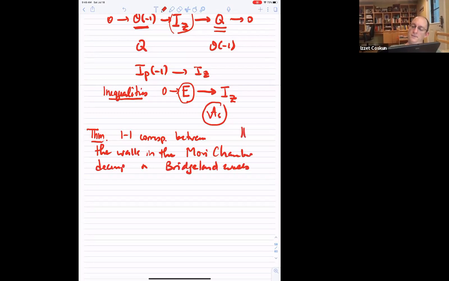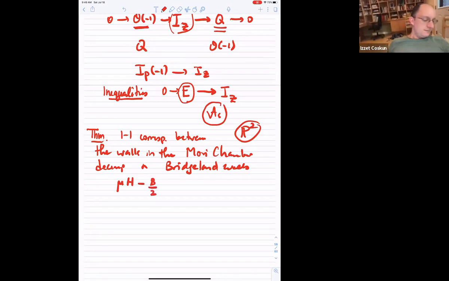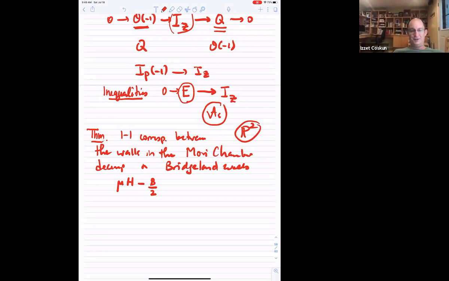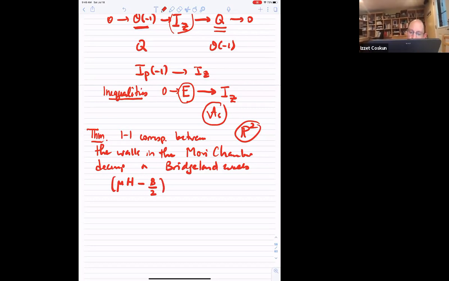We're talking about P2 here. And the correspondence is fairly concrete. Whenever you have a ray spanned by mu h minus b over 2, let's see, how does that work? Then I believe the center of the wall is mu minus 3/2, or minus mu plus 3/2, something like this.